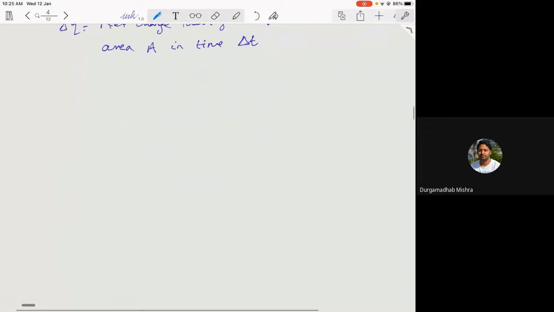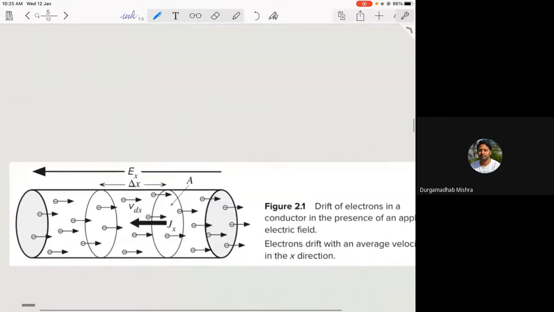I have a picture somewhere here. Let me see, yes. This is what the picture would look like according to Drude's model. You have free electrons, and now we have applied the electric field E in this direction.